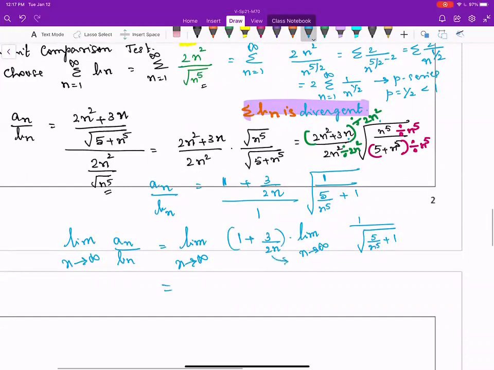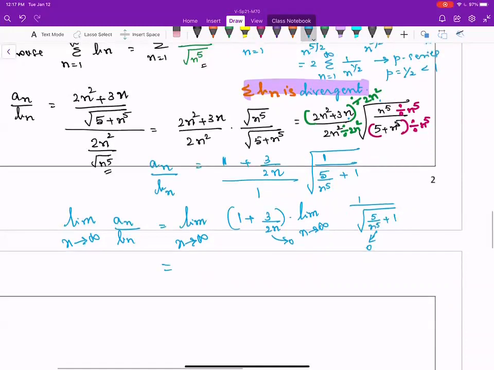So this part becomes 0. This part becomes 0 as well. So the limit is just 1 times 1, which is equal to 1. So whenever you do the ratio limit comparison test, the limit c should end up finite and positive.